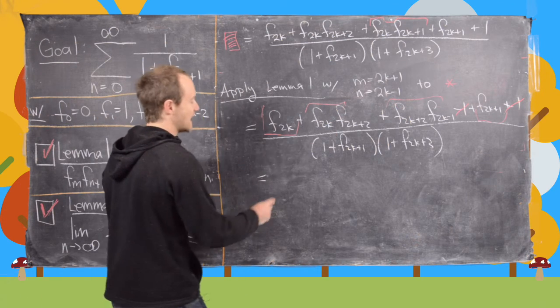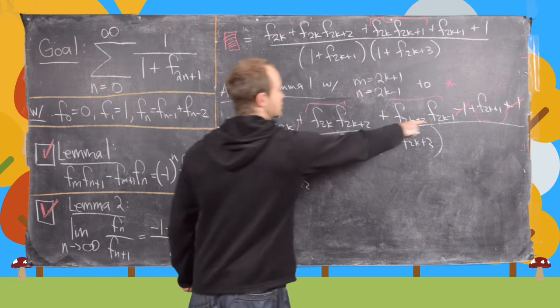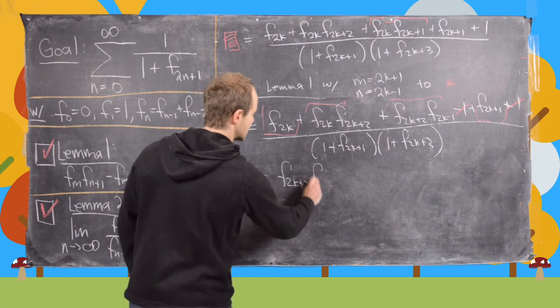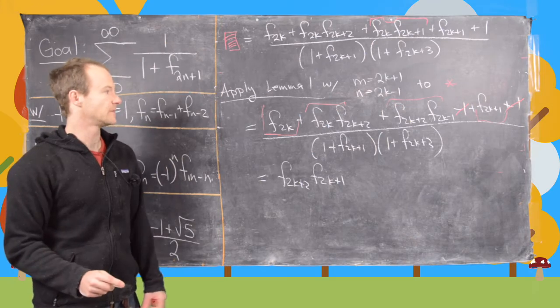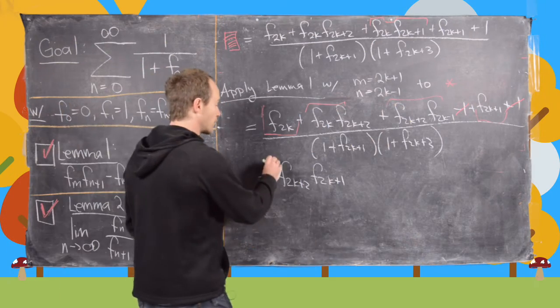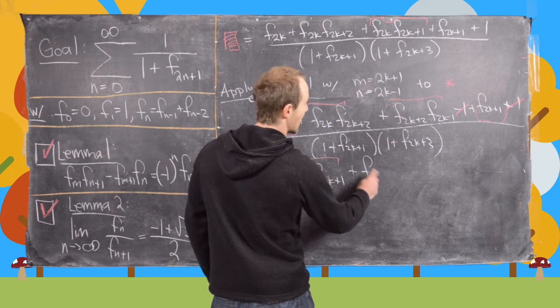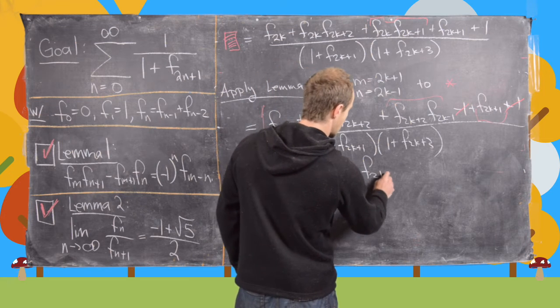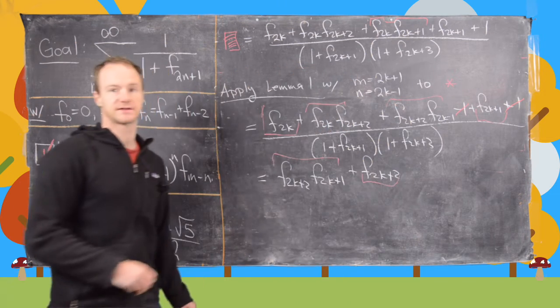So here notice we have an f sub 2k plus 2 term, and then these two are going to add together to give us f sub 2k plus 1. Good. And so those are the red overlines, but then we have plus f sub 2k plus 2, and those are going to be the red underlines.